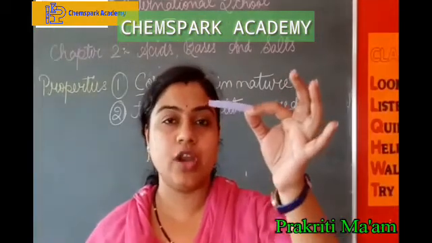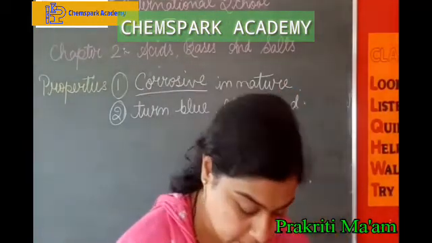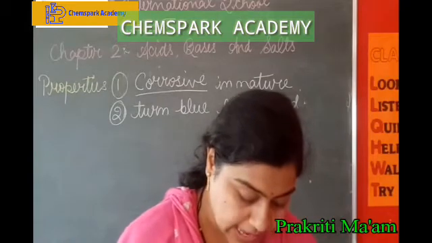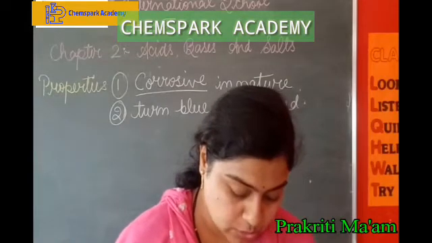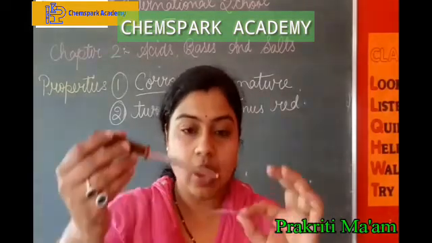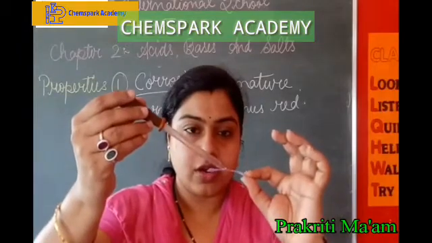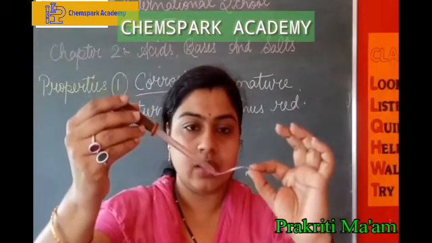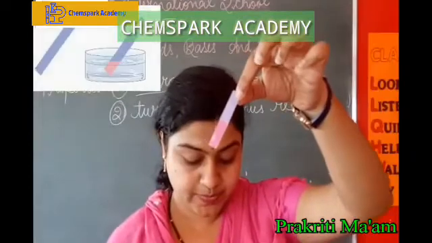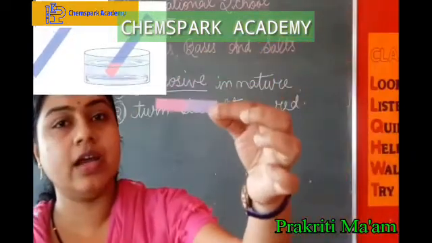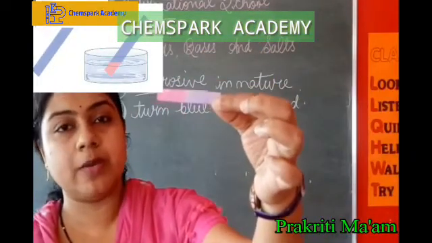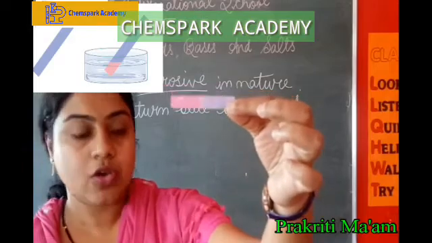So we have a strip of blue litmus paper, and as I told you, acids have the property to turn this blue litmus paper red. Now if I put a drop of acid on it, you can see the change. It is very clearly visible that the blue litmus paper is turning red.